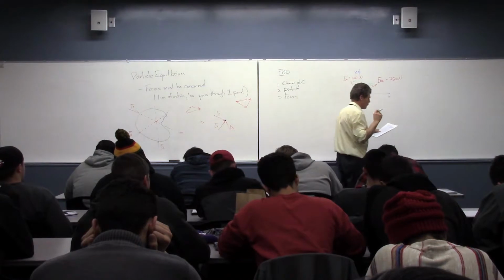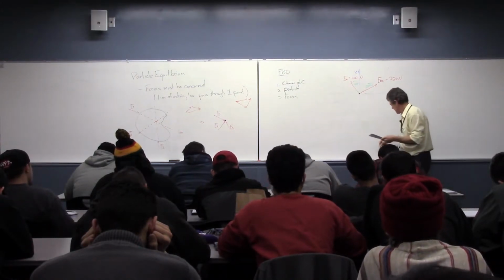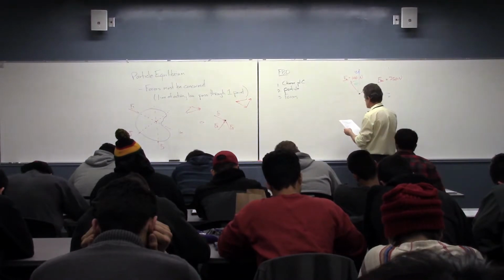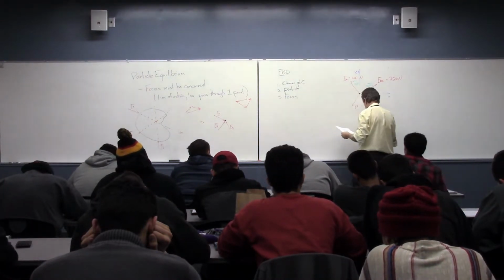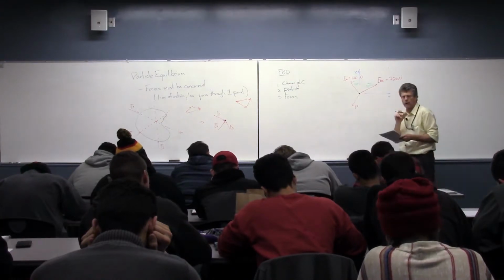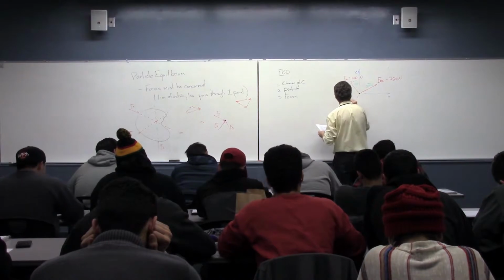And I know that angle is 45 degrees. And then finally, my other force there is that force P, which has an unknown magnitude, but also an unknown angle of alpha.